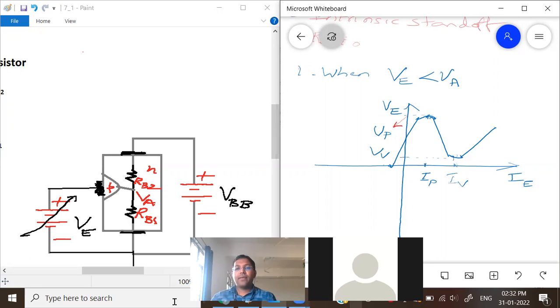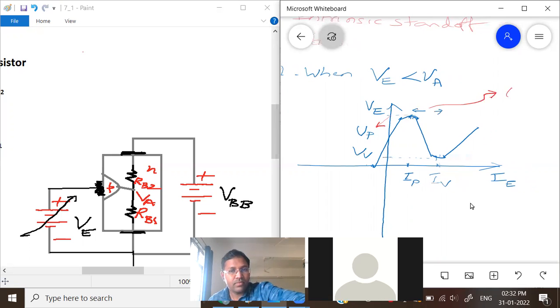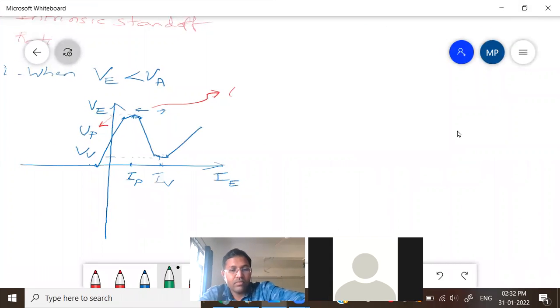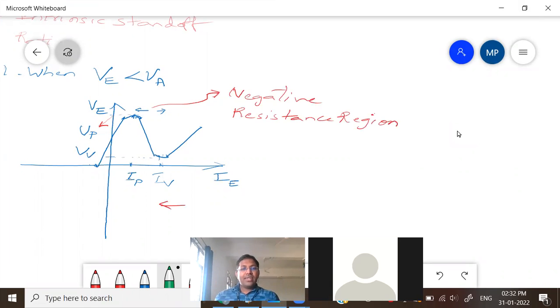Next, again, the negative resistance region, same as the tunnel diode. What is the negative resistance region?